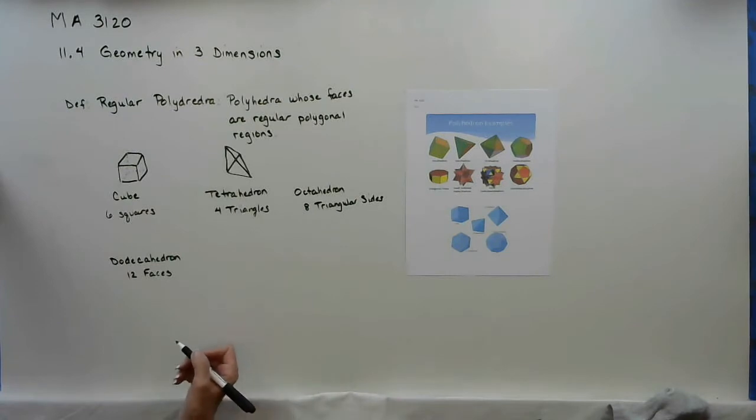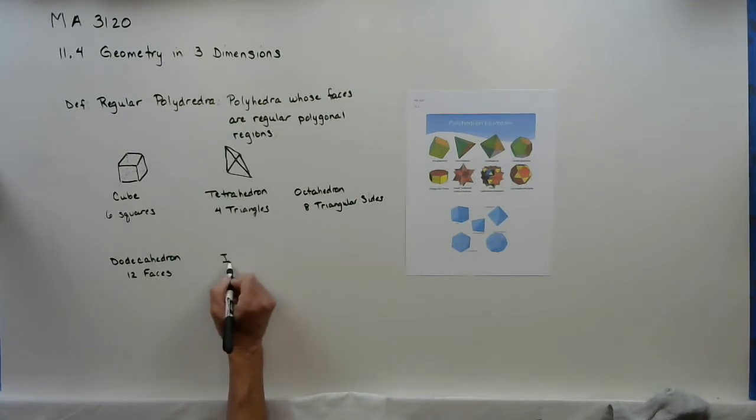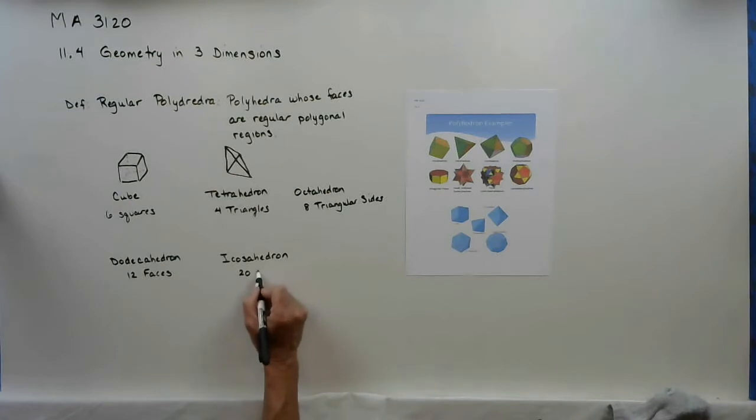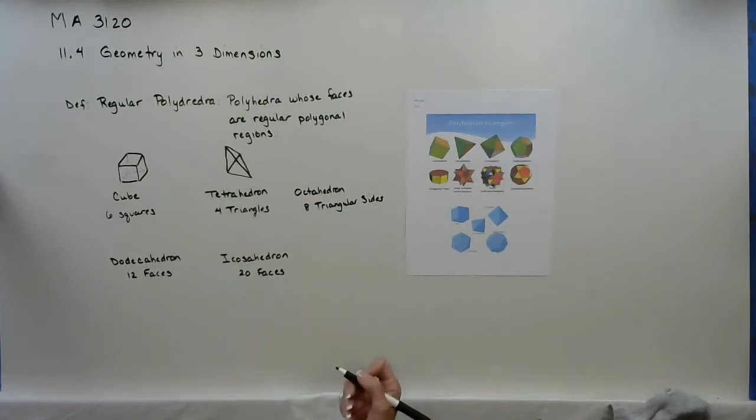And we have the icosahedron, and that has 20 faces, which are all triangular. So the good news is there's only 5 of these, all right?